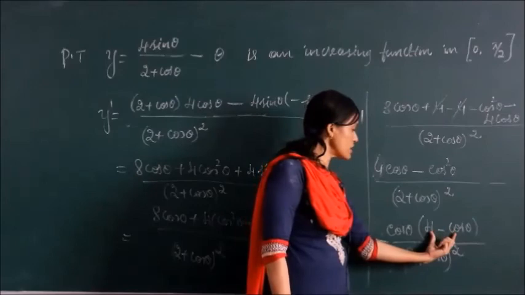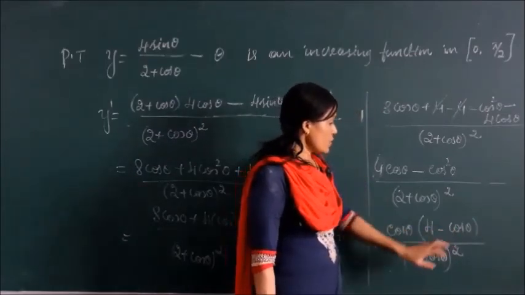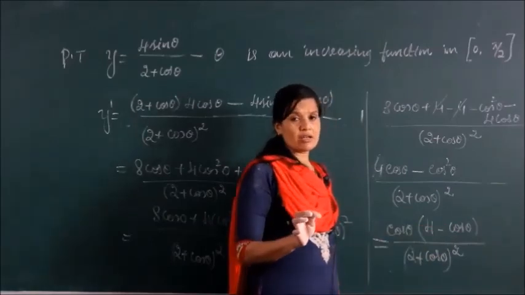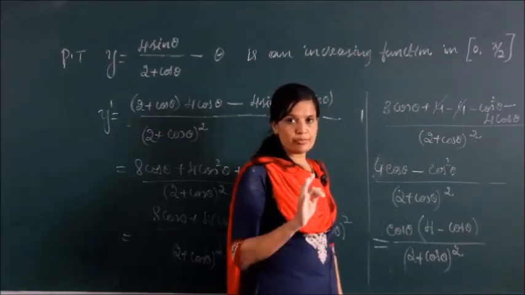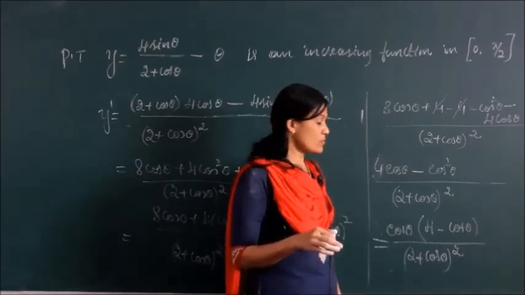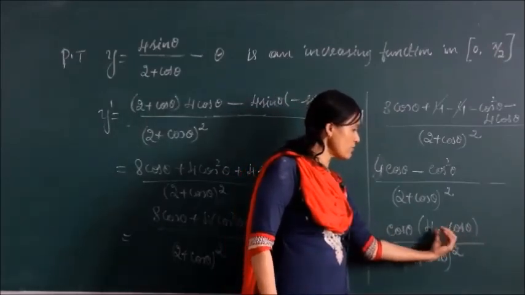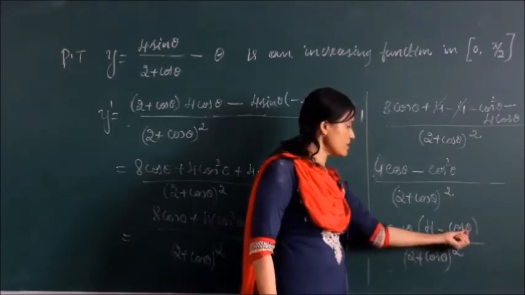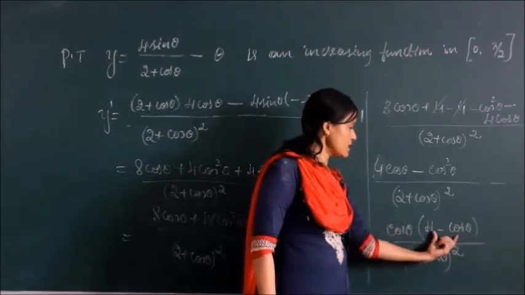Now we have to look at the term 4 minus cos theta. We know that for any value of theta, the value of cos theta lies between minus 1 and plus 1. So this is 4 minus something between minus 1 and plus 1, which is a positive quantity.